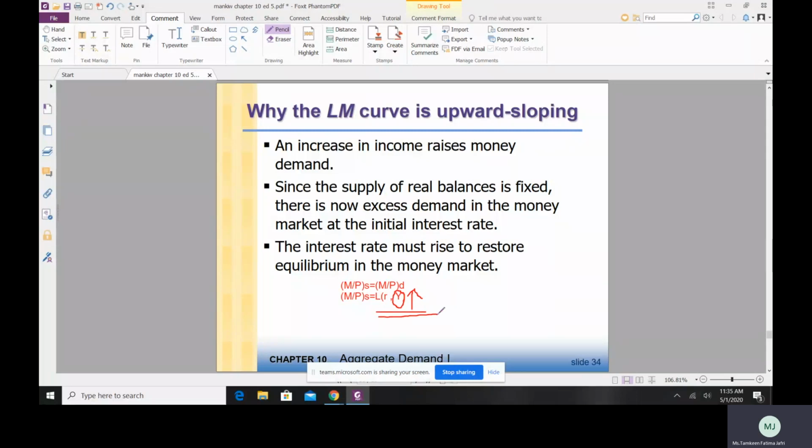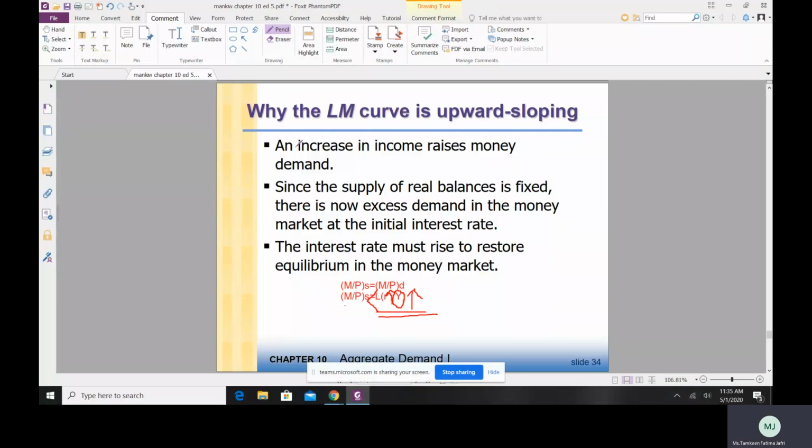The money demand is going to increase as a result. So अब क्या होगा कि देखिए, now the money demand is more than the money supply. तो मैं equilibrium को किस तरह restore करूं? For this I will have to increase R. So when I increase R, what happens is money demand decreases. ठीक है, so it decreases so that again money supply equals the money demand.